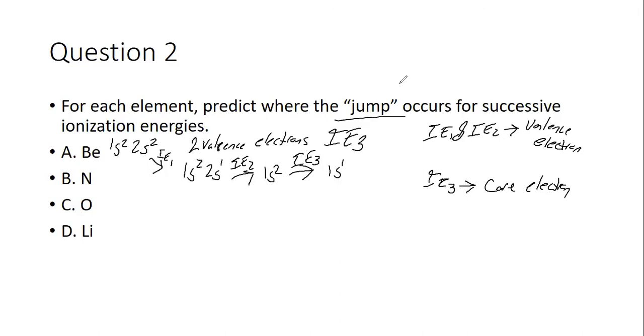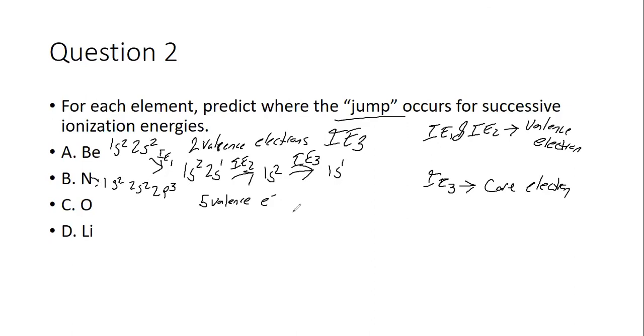Let's take a look at nitrogen. Again, I'm going to just write down the electron configuration because it makes it way easier for me. The electron configuration of nitrogen is 1s2, 2s2, 2p3. So this has 5 valence electrons.